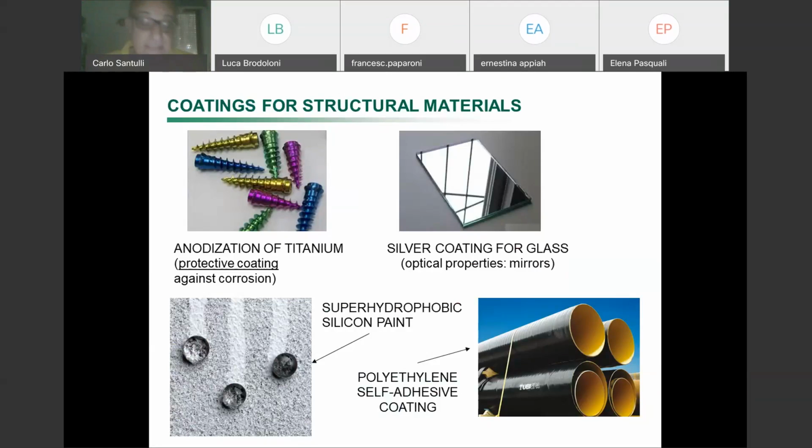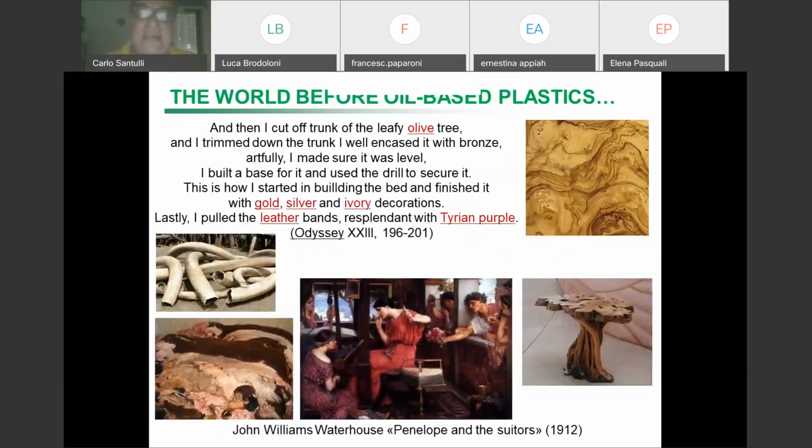It's also multidisciplinary. So what it's important to understand is that the history of materials started some time ago, a few thousand years ago.